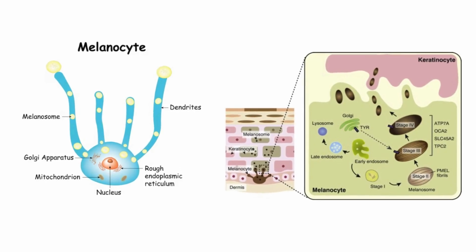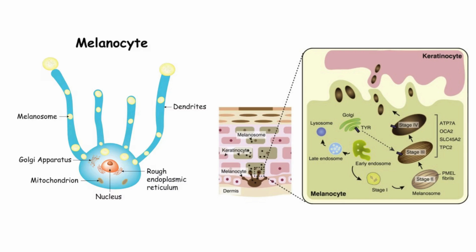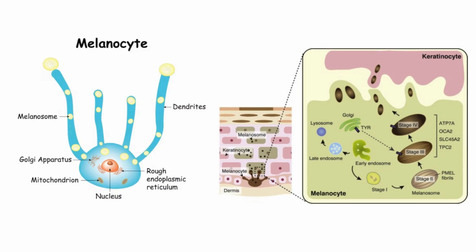Melanosomes. Melanin synthesis occurs in melanosomes, which are organelles related to lysosomes. There are 4 stages in the development of melanosomes. Pre-melanosomes, stage 1, are small, round vesicles with an amorphous matrix. Stage 2 melanosomes have an organized fibrillary matrix, mainly of the GP100 family.